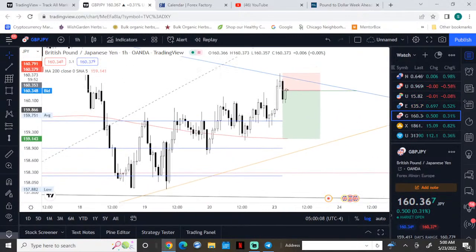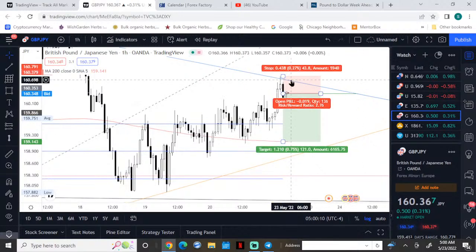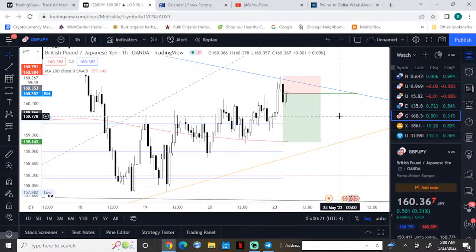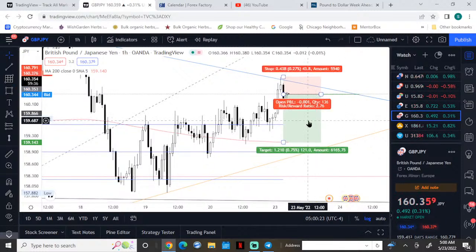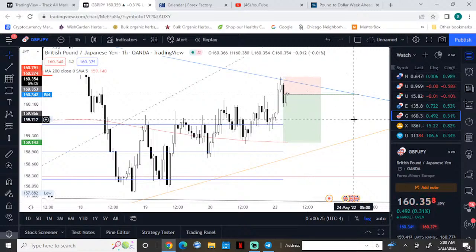It's now 5 o'clock. So 43 pips for 121 pips. That is a 1 to 2, which is a pretty good trade.